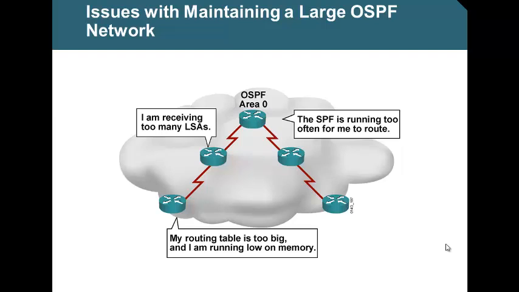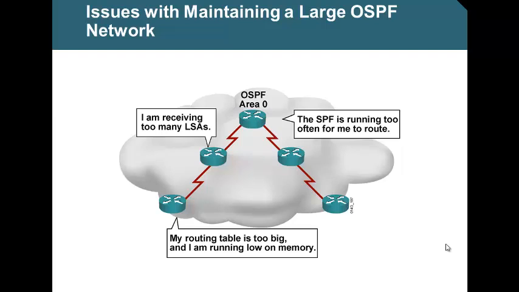But when you don't have borders, summarization is not possible. Then every precise subnet change notification has to be sent to everyone all the time, which is going to consume a lot of bandwidth as well as a lot of CPU on the receiving router.